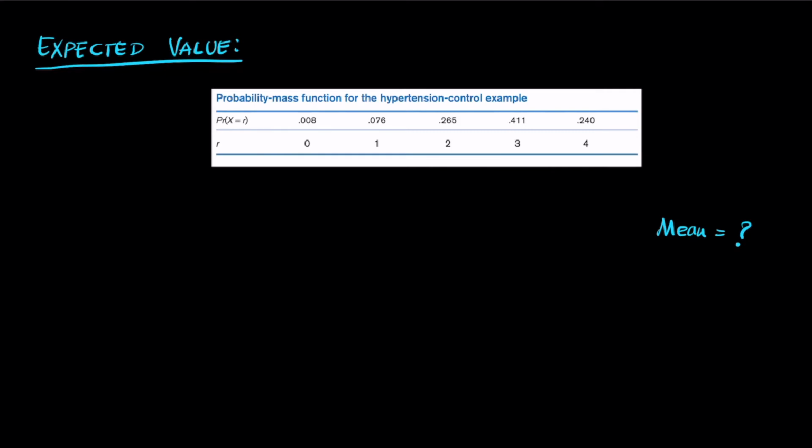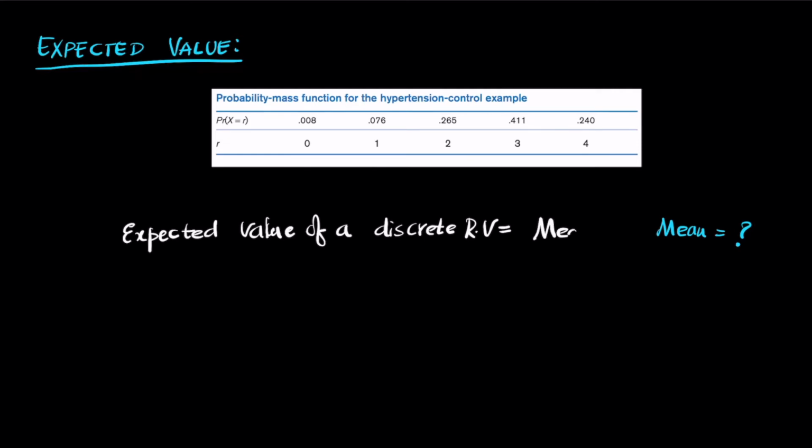Calculating the mean is basically finding the expected value. The expected value of a discrete random variable is equal to the mean of the distribution.